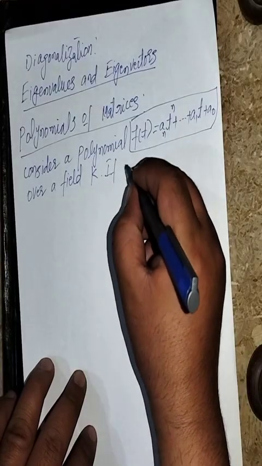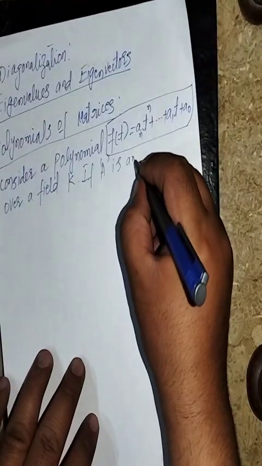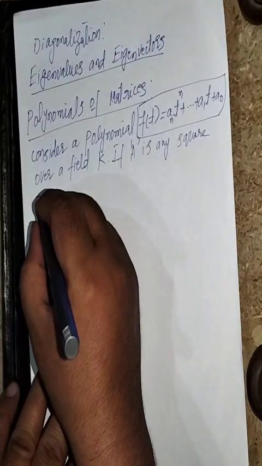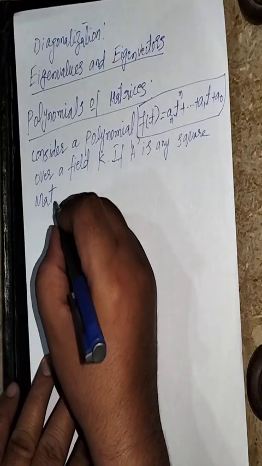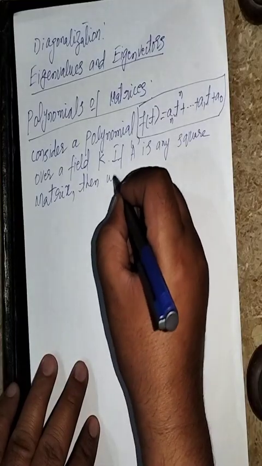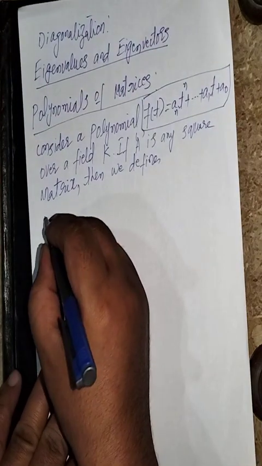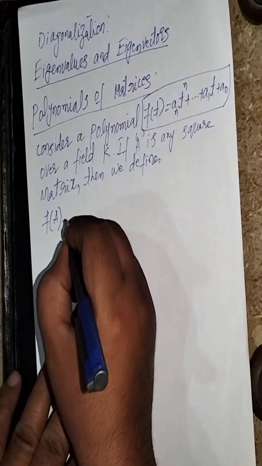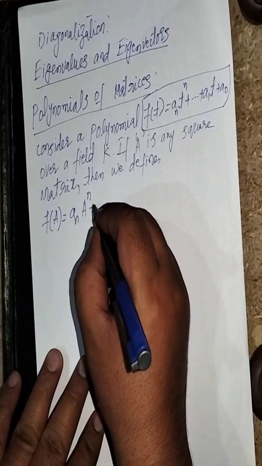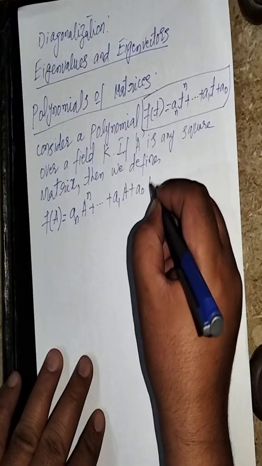If A is any square matrix, then we define f of A equals a_n A^n plus so on plus a_1 A plus a_0 I_n.